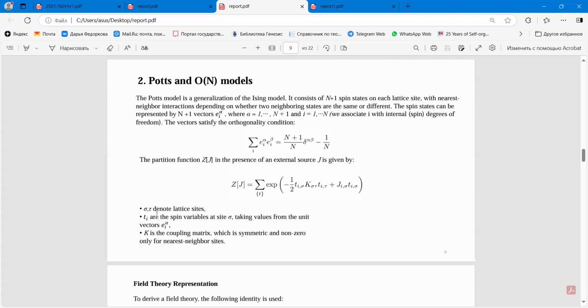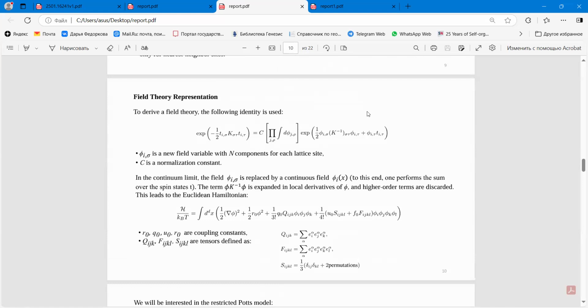Here sigma and t denote lattice sites, t are the spin variables at site sigma taking values from the unit vectors e. And big K is a coupling matrix, which is symmetric and non-zero only for nearest neighbor sites.